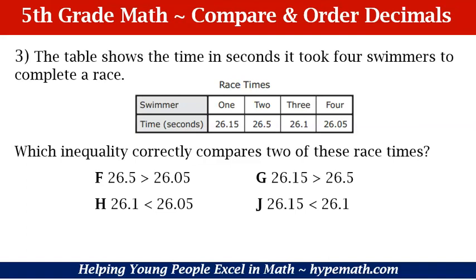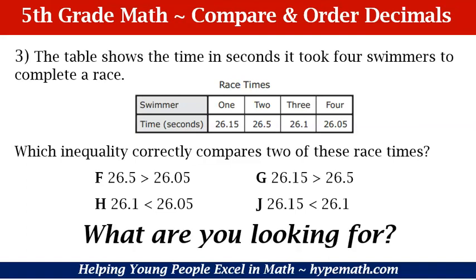Again, we need to find out which inequality correctly compares 2 of these race times. F says 26.5 is greater than 26.05. G is 26.15 is greater than 26.5. H is 26.1 is less than 26.05, and J, 26.15 is less than 26.1.